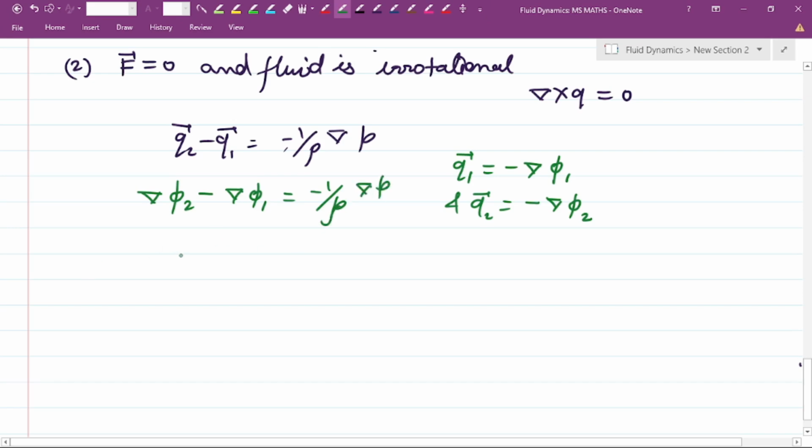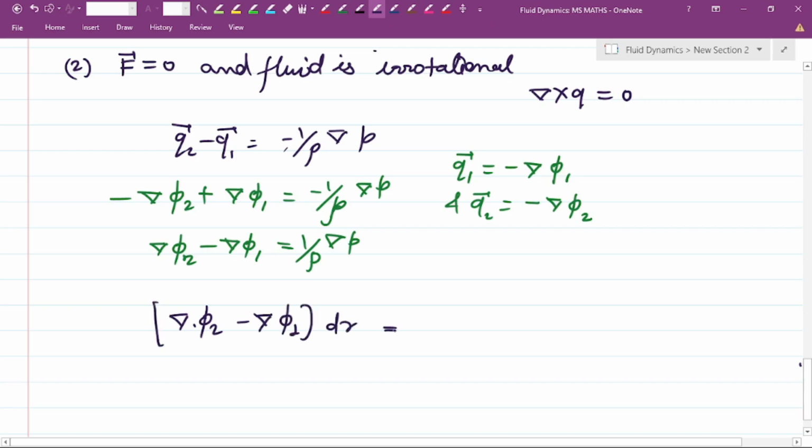Because both of these are minus, we can write it as minus delta phi 2 minus delta phi 1, then 1 upon rho delta p. Now multiplying dr on both sides, it will be delta phi 2 minus delta phi 1 into dr is equal to 1 upon rho delta p into dr vector.